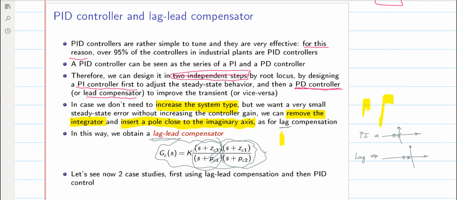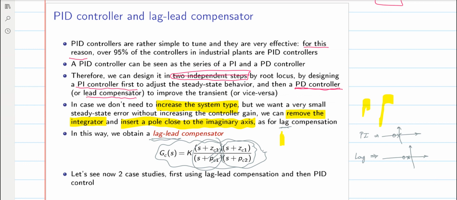We will start by designing the proportional controller first, and then introduce, let's say, a lag or a lead or PD part first to satisfy the transient requirements, and then we can introduce the lag or PI part in order to improve the steady state behavior. Obviously at each step we need to tune the value for the gain of the controller, for the proportional part, and check whether all the requirements are satisfied or not. So that's how we deal with designing the PID and Lag-Lead compensators.